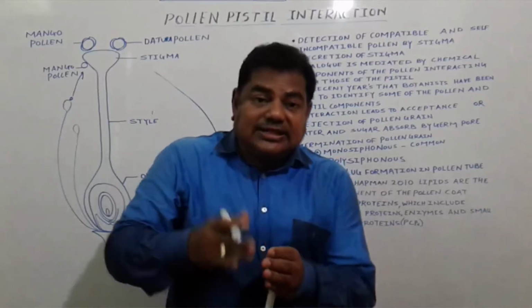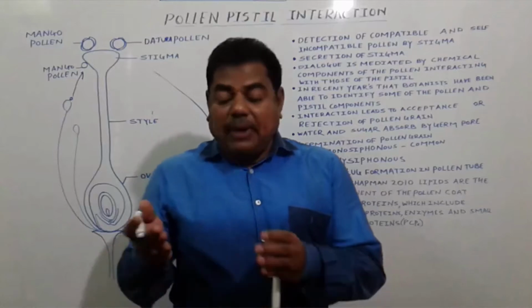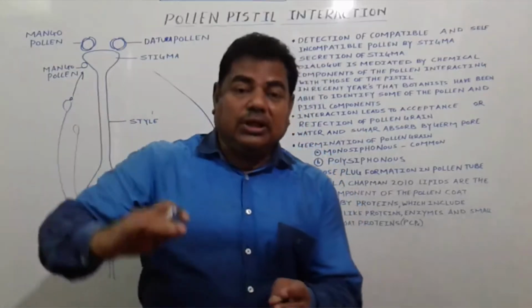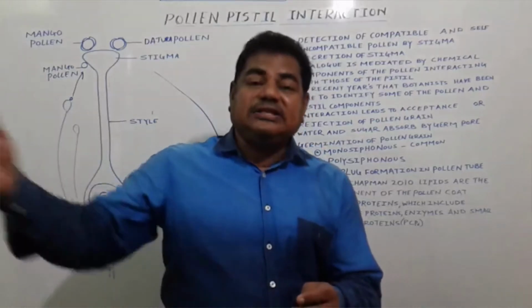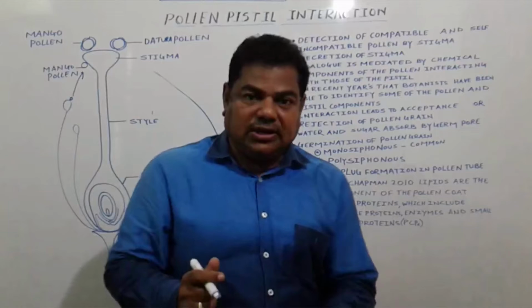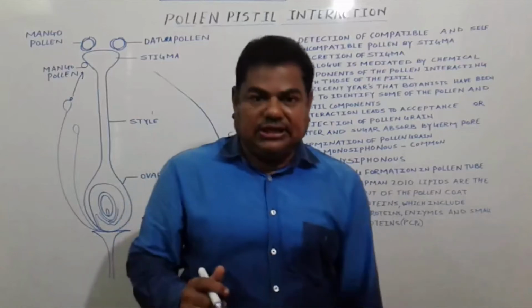To avoid this inbreeding depression, plants, though they are bisexual, gain another pollen grain by wind or by insects; they gain cross pollination. They avoid self pollination.